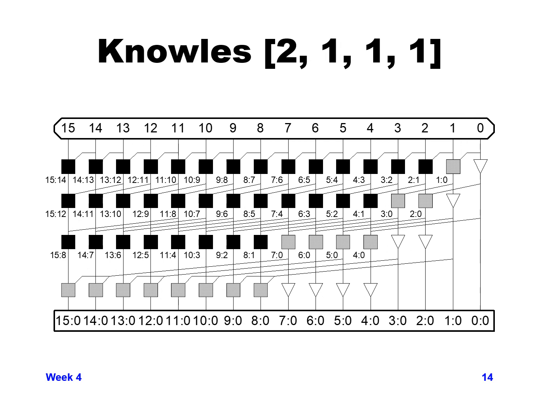The Knowles design, on the other hand, is doing a different type of balancing than the previous Han-Carlson was doing. It's also trying to balance between 2 of the parameters, but in this case, we're balancing between the fan out, the number of cells that any given output needs to drive, versus the number of wire tracks. So again, it's not the maximum number of wire tracks that we saw in the Kogge-Stone design.